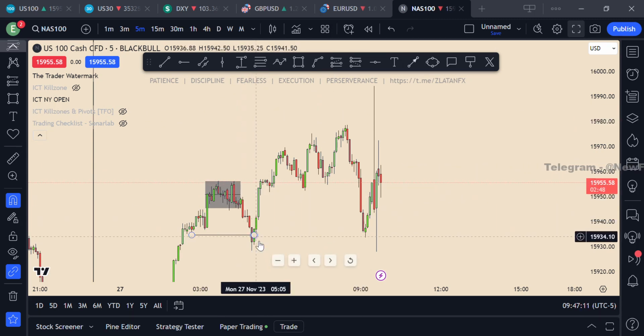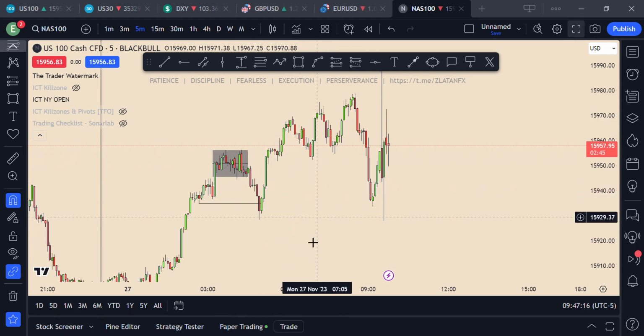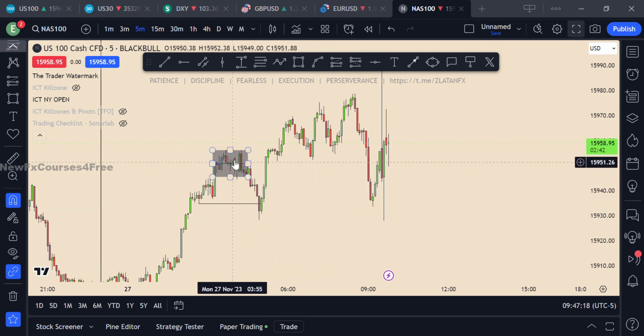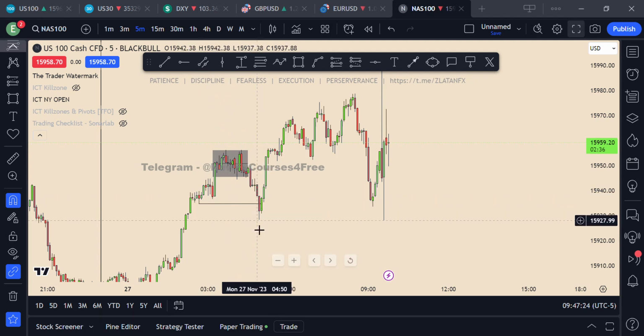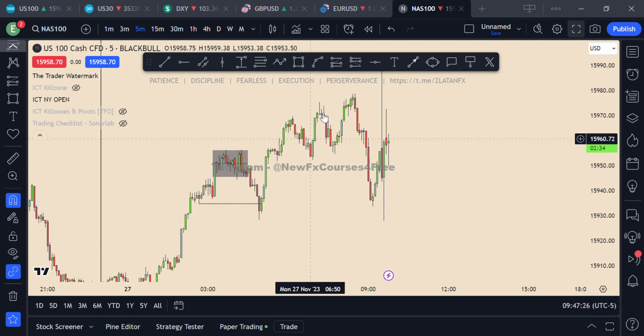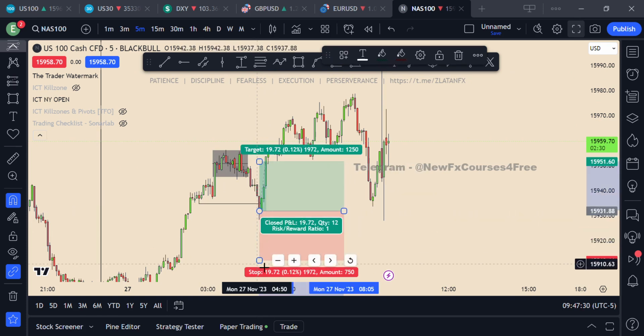Accumulation, manipulation, distribution. How would you have entered? Well, when you see this accumulation and you notice that this is a sell side liquidity, that the market should quietly reverse, you could as well have entered right immediately to cut that liquidity.